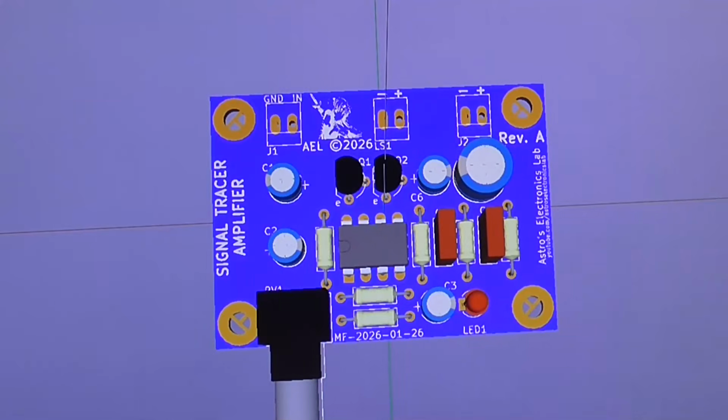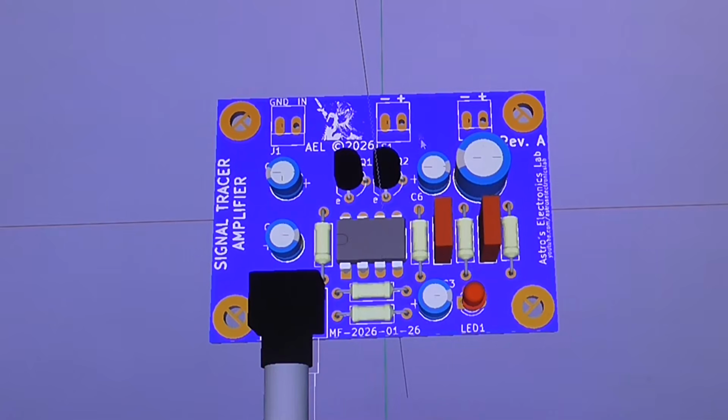So yeah, that's my little signal tracer circuit. This particular amplifier that I've got here can be used for anything, such as the speaker amplifier for a pocket AM radio or even an AM FM radio type thing. You could use the LM386, yes, but as I've previously stated, they can be awfully difficult to tame.